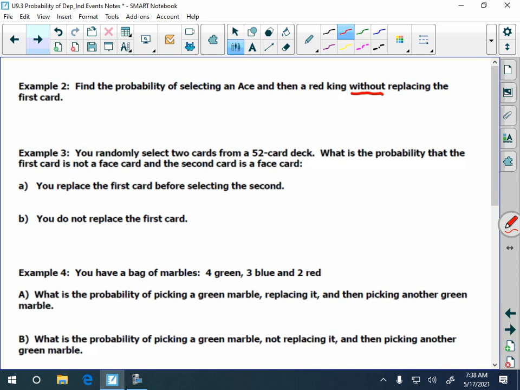So this is a dependent event. So the probability of getting an ace, and then we're going to multiply that by the probability of getting a red king.